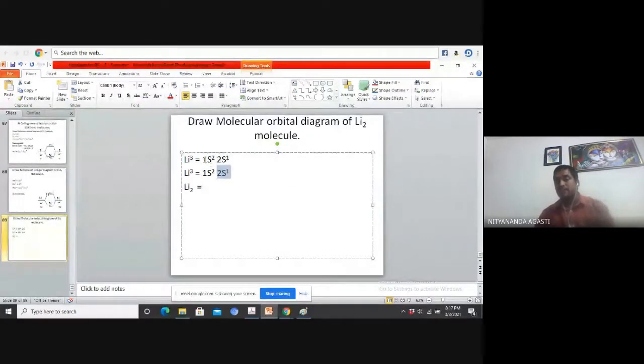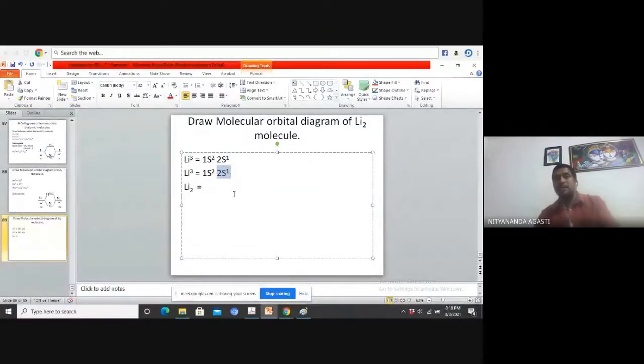Now let us talk about this 1s. You have similar symmetry. And 2s also has similar symmetry because both are s. They can have head-on overlapping. So the similar symmetry part is okay. Next part, energy consideration. Do they have similar energy? 1s has similar energy with the 1s of the other lithium atom. 2s is of higher energy, so it cannot combine.